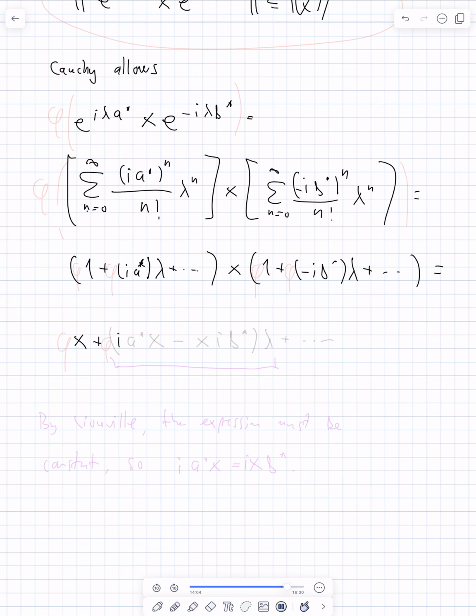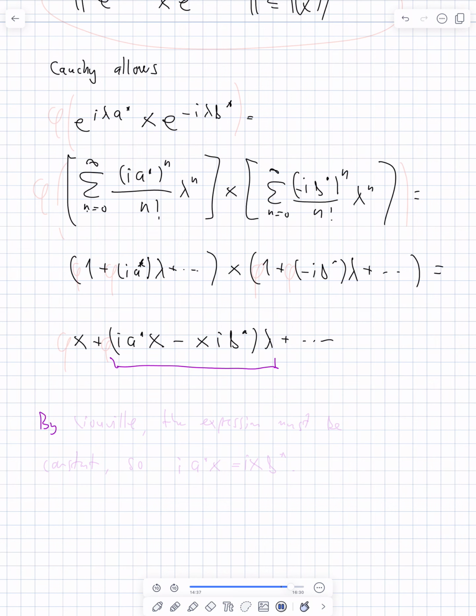So this gives me i a star x minus x i b star, times lambda, and then this keeps on going. But the point is that Liouville tells me that this expression has to be constant in lambda, right?